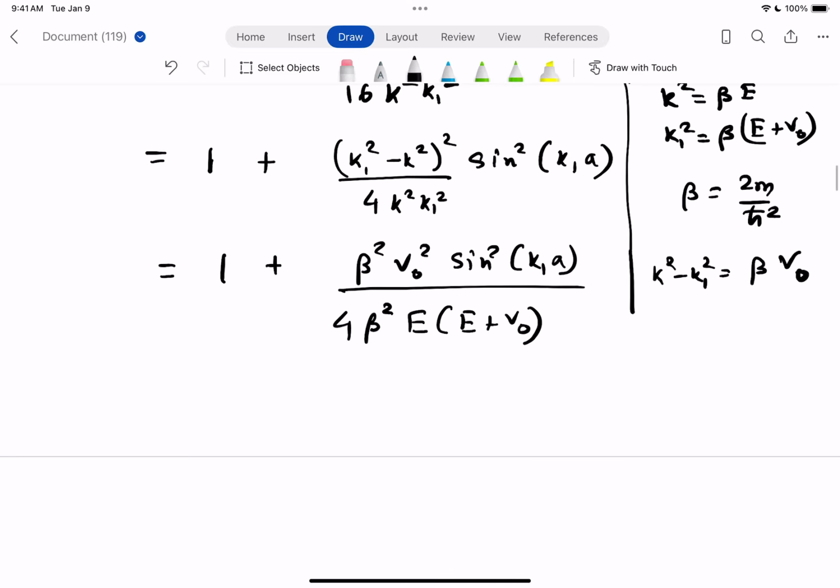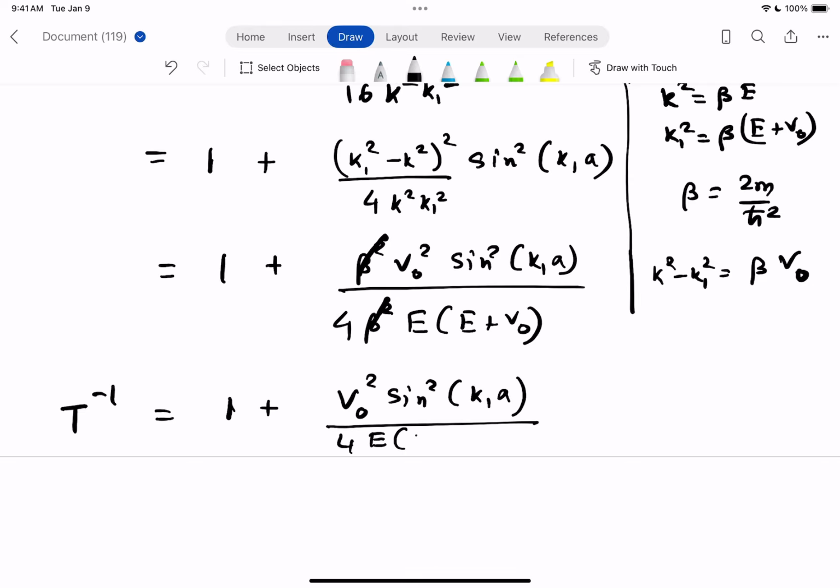Okay, and so now we can cancel out the beta square and we're pretty much done. So let me just double check whether that is the answer. Yes, that's what I have in my notes. So the inverse of the transmission coefficient is 1 plus v naught square sine square k1a divided by 4e times e plus v naught. All right. In the next class, we will interpret this transmission coefficient.